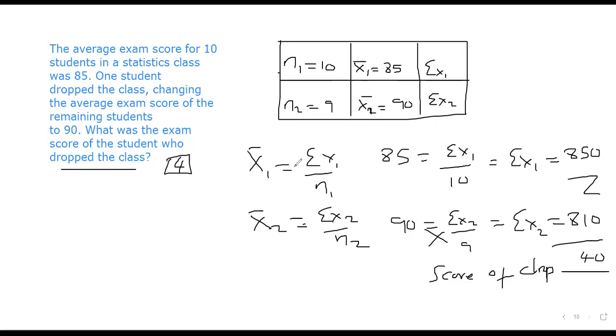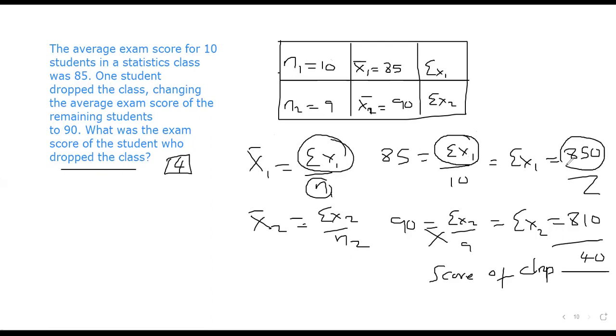So we are told that the mean for 10 pupils was 85. I want to find the total score for these 10 pupils, so we just multiply 10 times 85. Meaning these 10 pupils in total scored 850.